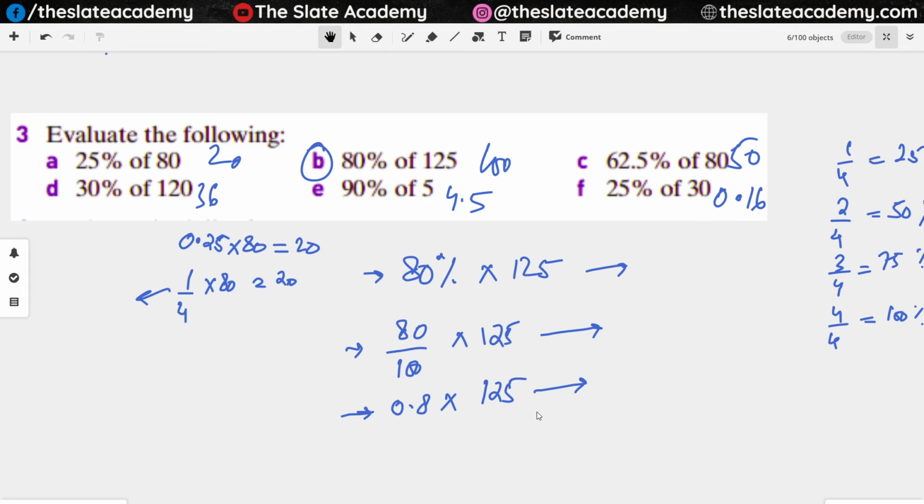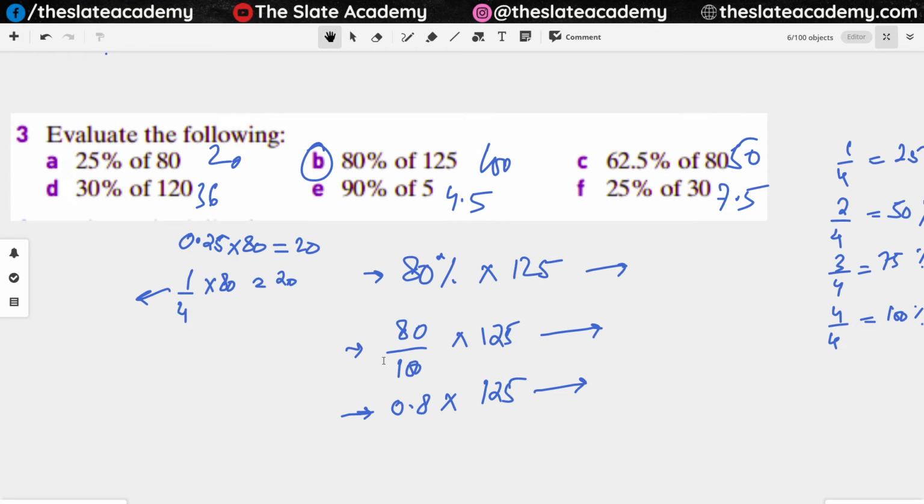And 25% of 30 is 7.5, right? Yes, 7.5. Hopefully you all got the same answers.